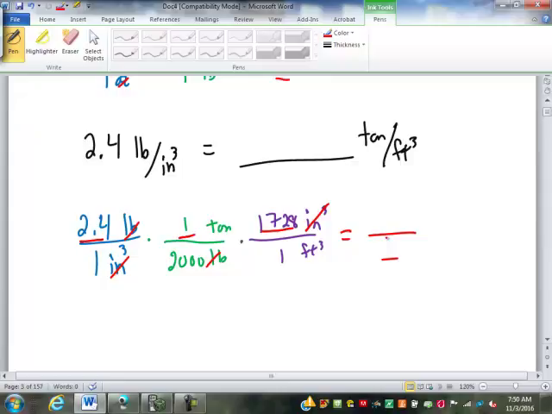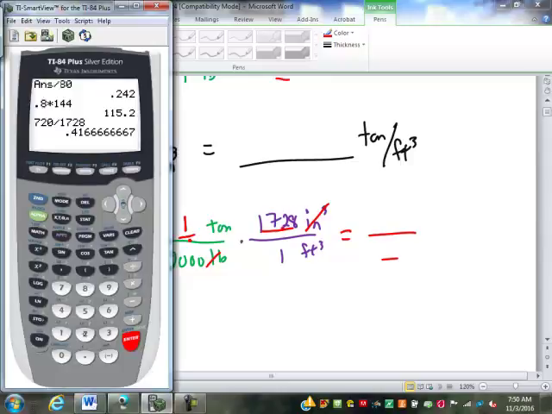I can shorten this up a little bit. I start with this number here. And this first fraction is the number on top or bottom. So there's a 1 on top, but the number that's not a 1 is on bottom. Since it's on bottom, that means I'm going to divide by it. 1728 is on top, so I'm going to multiply by that. So 2.4 divided by the 2,000 times 1728.